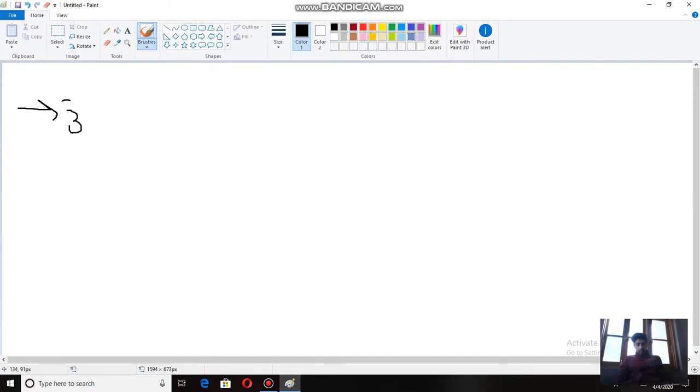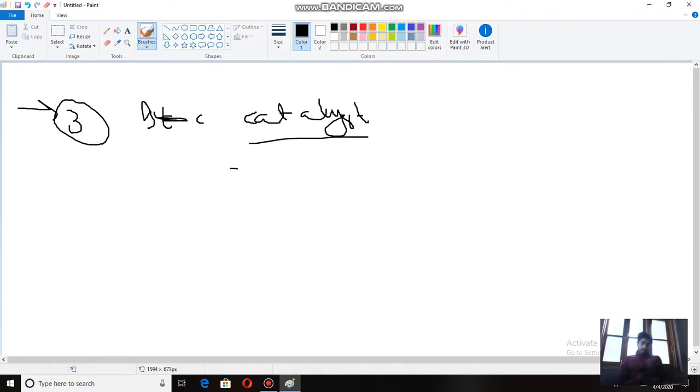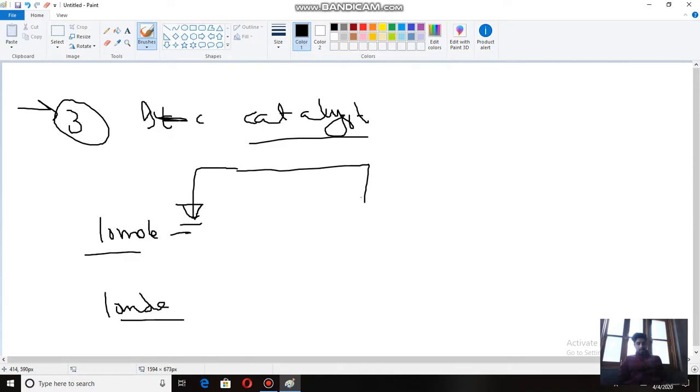Third, at the end of the reaction, this catalyst is recovered back. That means it will be the same as it has been added into the system. It will not change. That means if we add 10 moles of catalyst, we will get 10 moles of catalyst back.